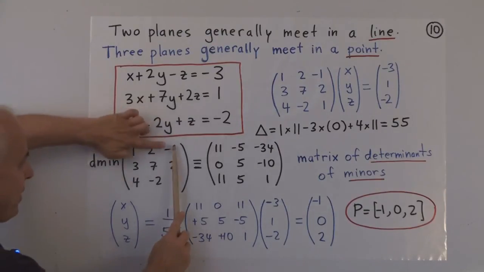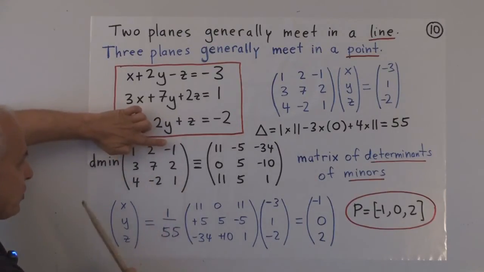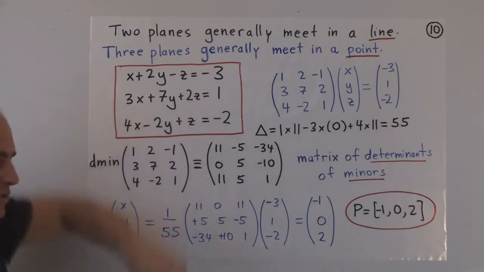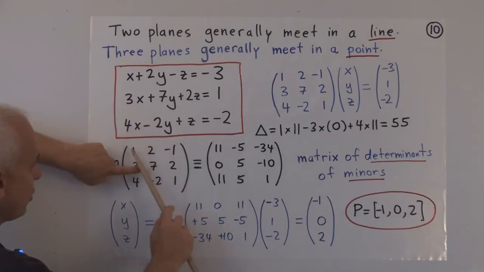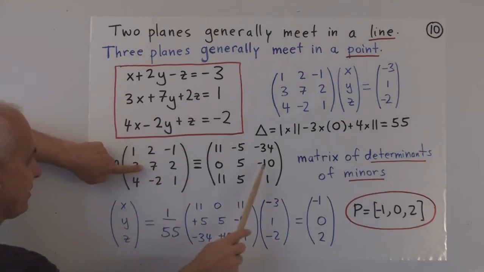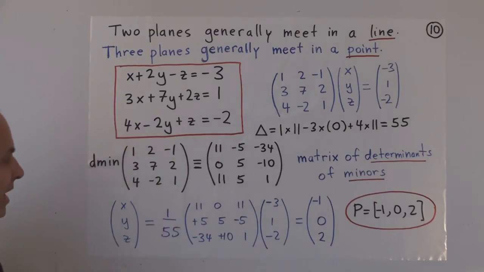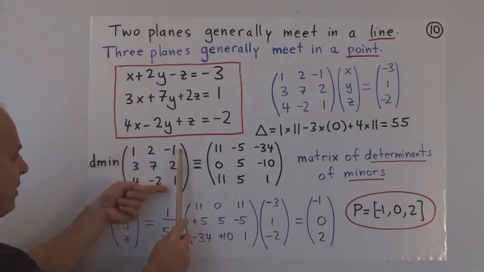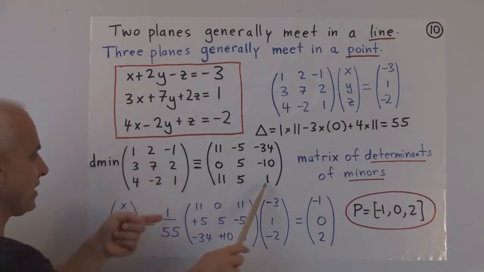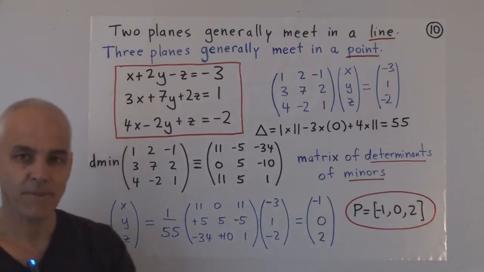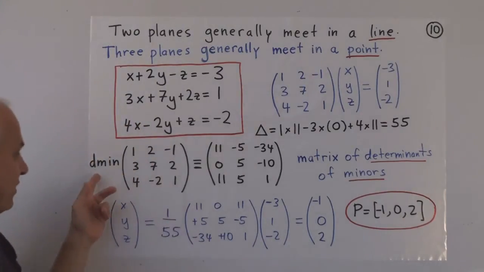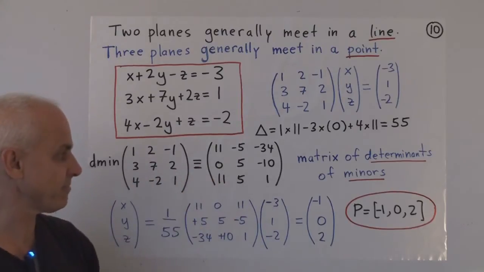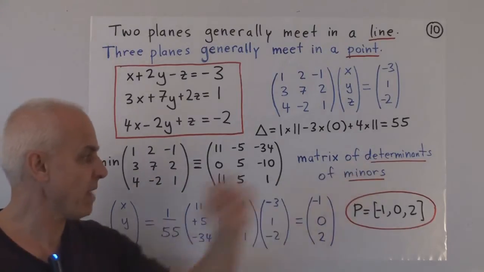Over here, minus 6 minus 28, and that's minus 34. Right here, minus 2 minus 8, that's minus 10. And last but not least, here, 7 minus 6 is 1. That's the majority of work to calculate the inverse. Let's call that the d-min of the original matrix, the matrix of determinants of minors.